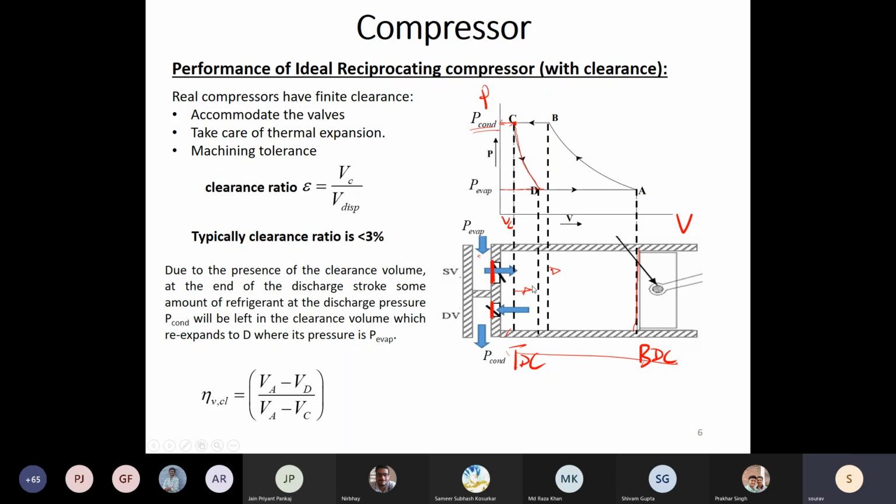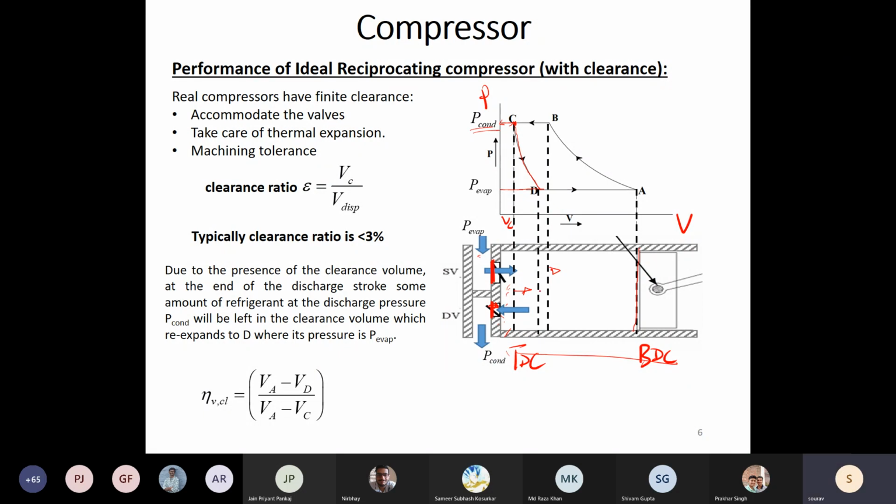In actual sense, if you look at it vertically, it is moving from top dead center towards the bottom dead center. So pressure goes down, and hence pressure inside this volume goes below your condensing pressure. This flap will close immediately, and this intake valve or suction valve will not open till you have sufficiently low pressure inside the cylinder.